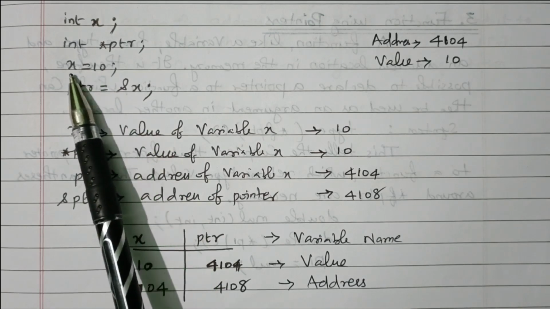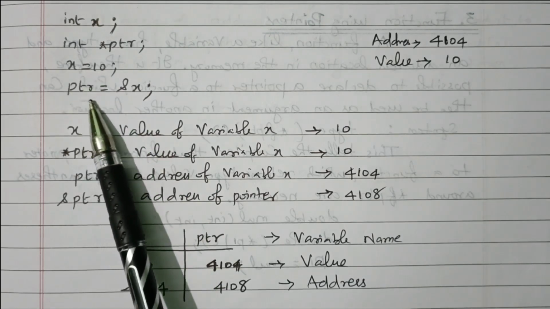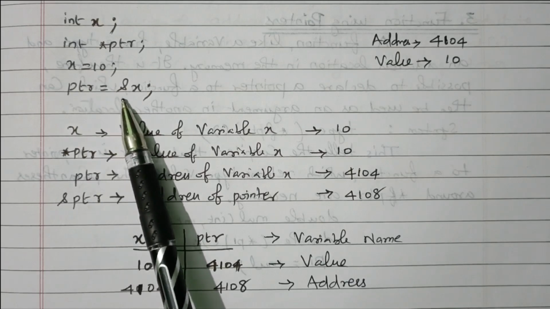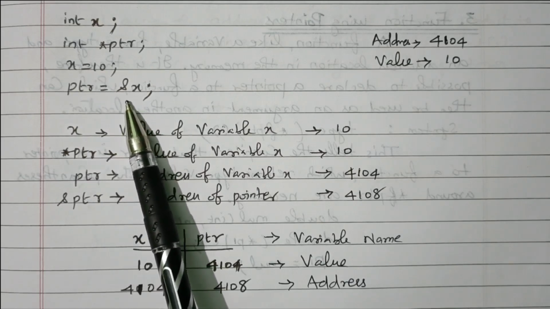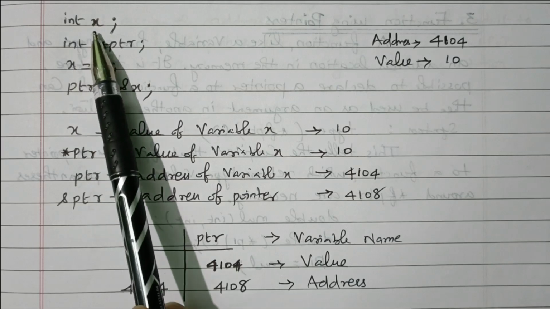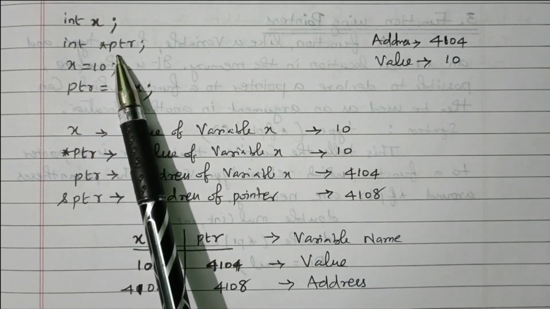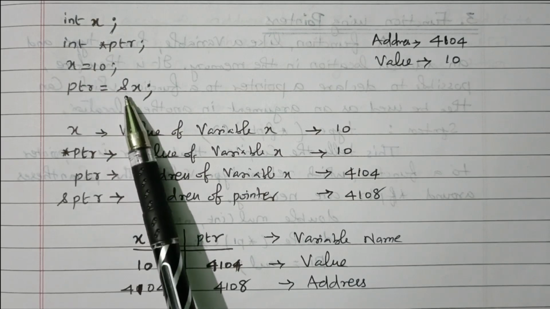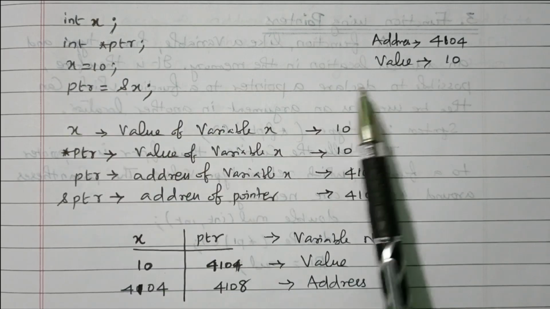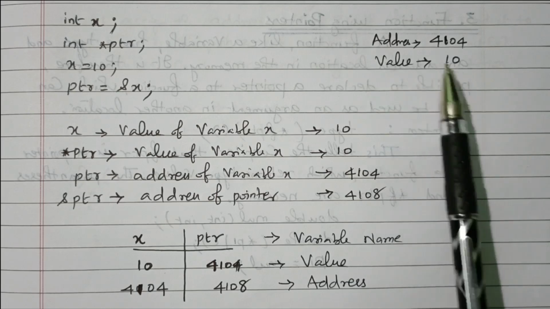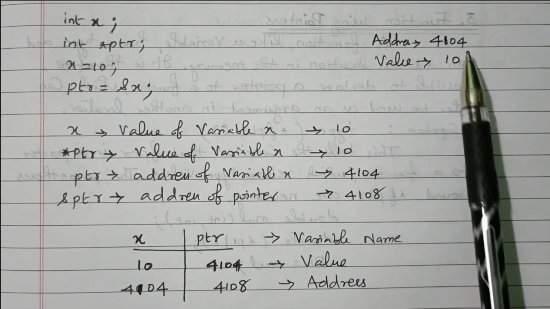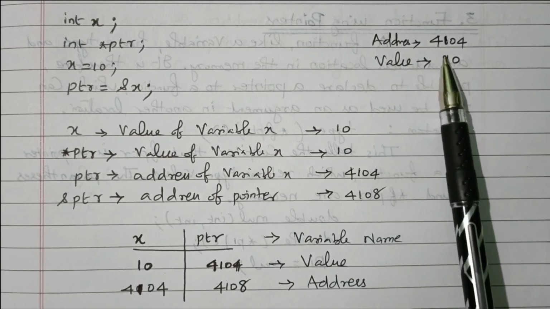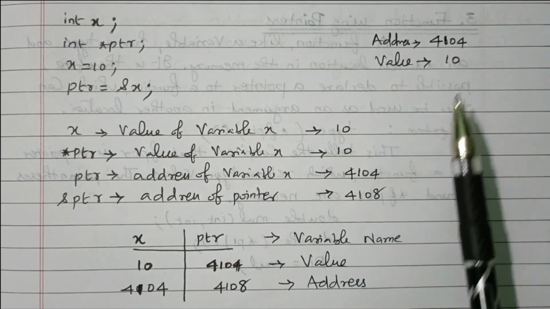The value 10 is assigned to x. ptr equal to address of x. So what will happen? We'll see, right? x is the integer variable, *ptr is the pointer variable, 10 is stored in x, and the address of x is stored in ptr. Let us consider the value is 10. The address is 4104. The integer 10 is stored in the address 4104.